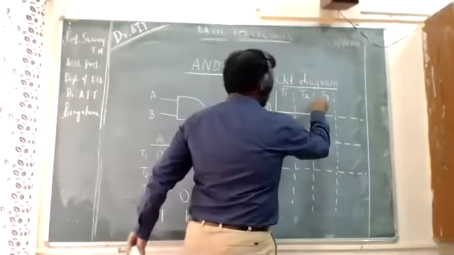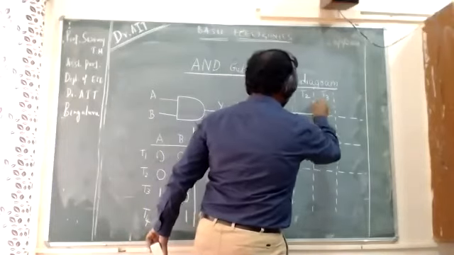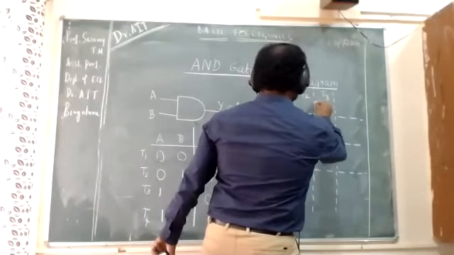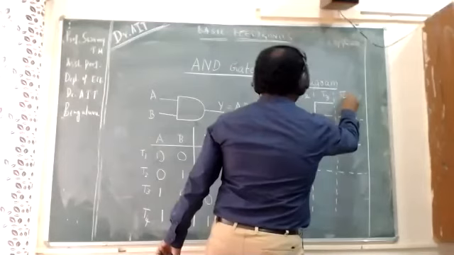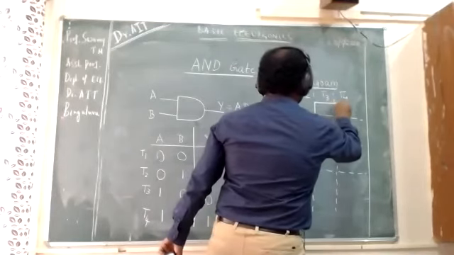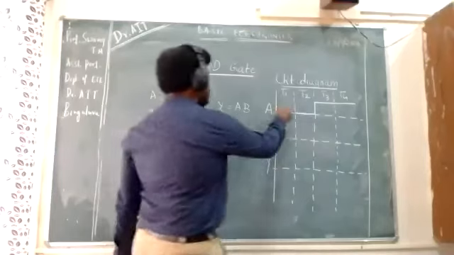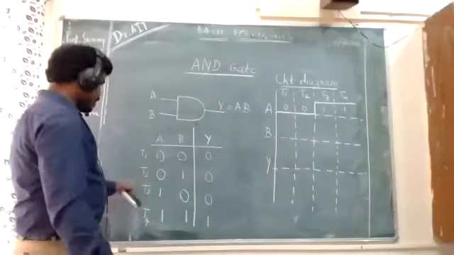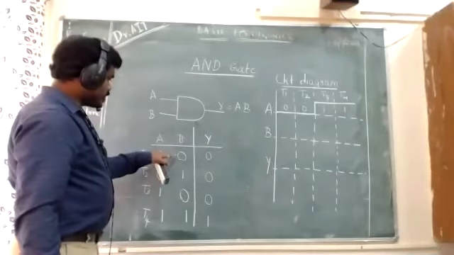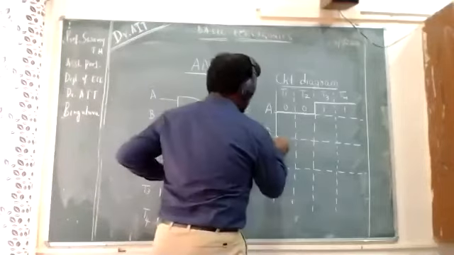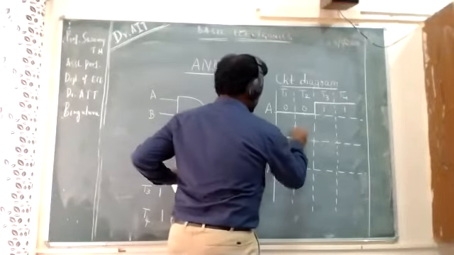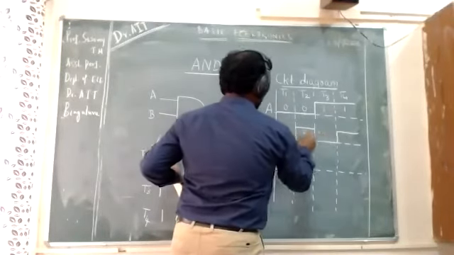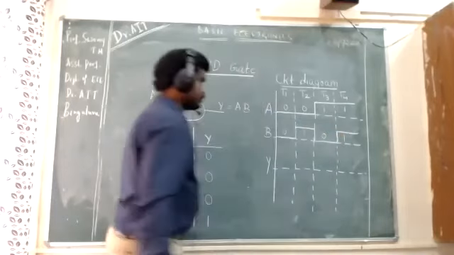So A is 0, 0, 1, 1. Similarly, input B is 0, 1, 0, 1.